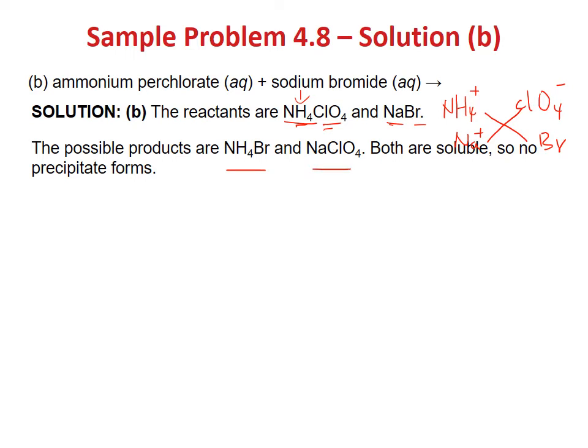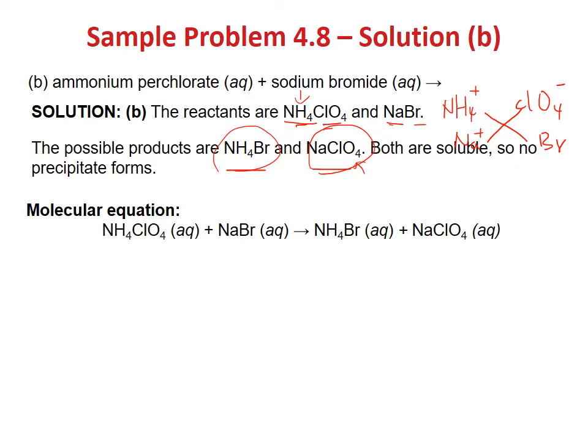Now look at the solubility rules, and this should be highly soluble because it's an ammonium salt, and this should be highly soluble because it's a group 1 metal and also perchlorate, and therefore here is a possible molecular equation. So that's the possible product.